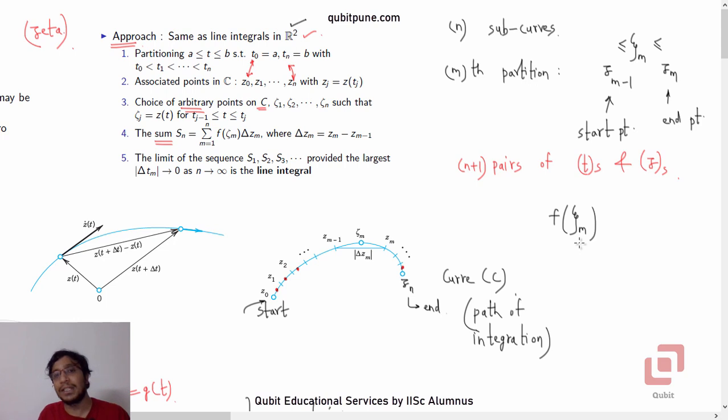We evaluate the function at that point. This may very well be a complex number, and we are going to multiply this by the difference between the endpoints of the interval. We subtract zm minus 1 from zm, and we know that these two are complex numbers, and we will call it delta zm.